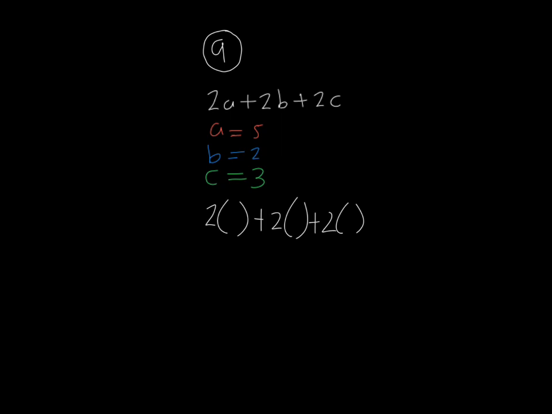So we rewrite the expression with brackets instead of our variables, and we can say then 2 times 5, which is the value we substituted in for a, plus 2 times 2, which is the value that we substituted in for b, plus 2 times 3, which is the value we substituted in for c. So we have 2 times 5, which is 10, plus 2 times 2, which is 4, plus 2 times 3, which is 6. And this gives us 20, which is our final answer for question number 9.